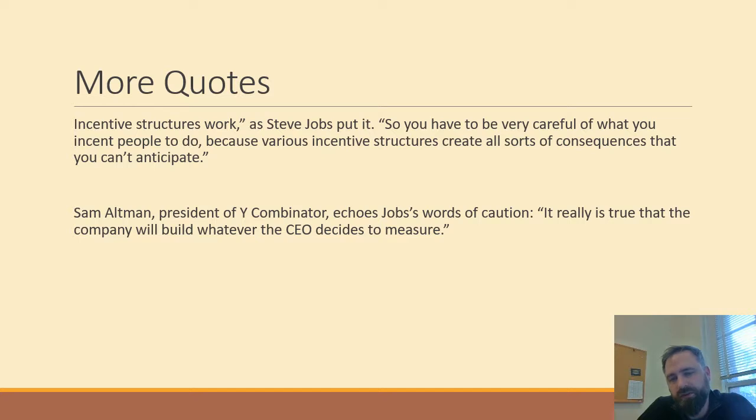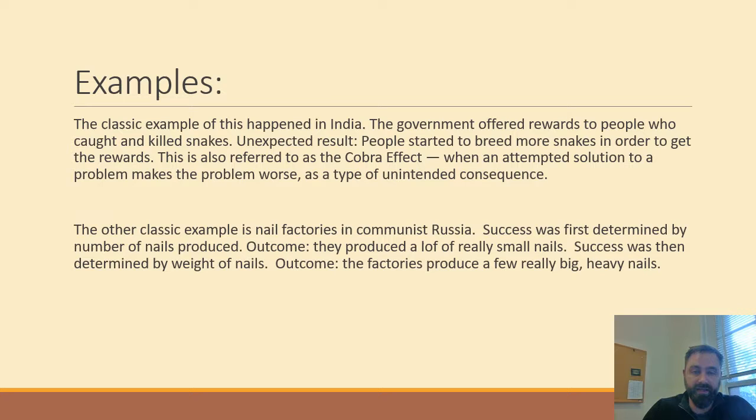Okay, so whatever you're deciding to be your impact metrics really become motivators and incentives for the people working in your organization. So be very careful, because these can lead to consequences you don't even anticipate.